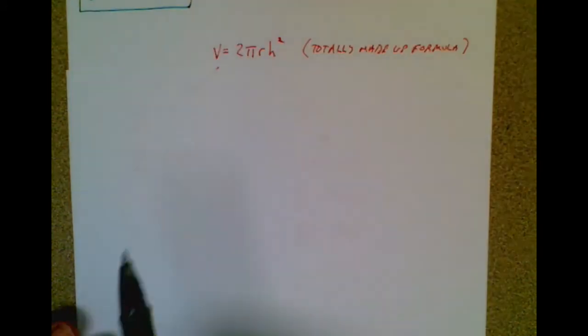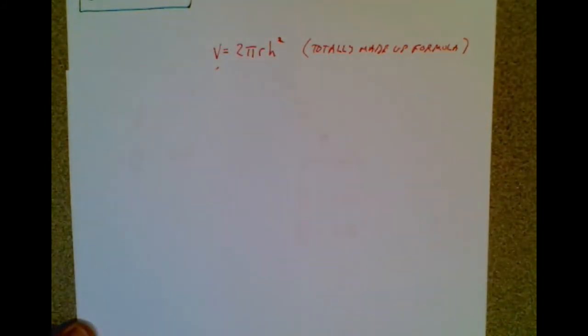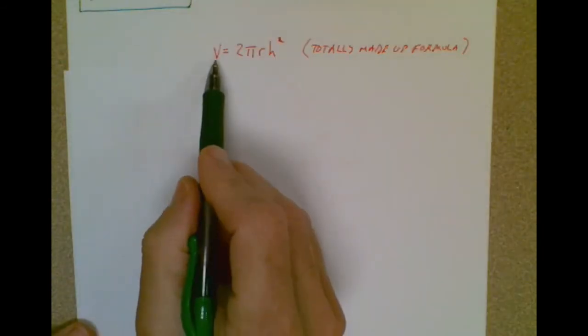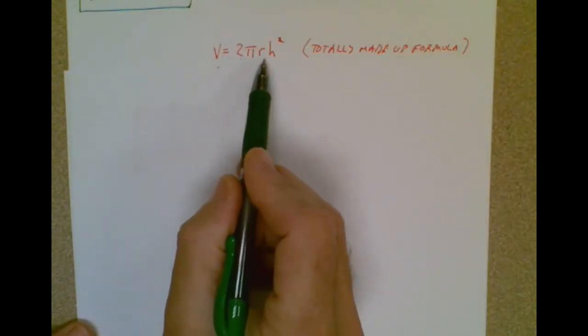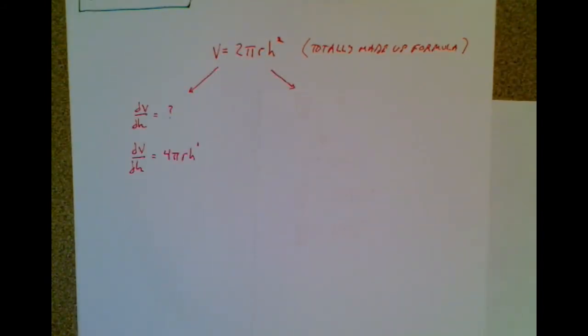So to continue on with this, I've made up a formula. This is not a real formula, 2 pi r h squared. I'm not sure what that would even be, but that doesn't matter for what we're doing. So I have equation v, and it looks like we have two variables, and we may, but let's look at this very first question.